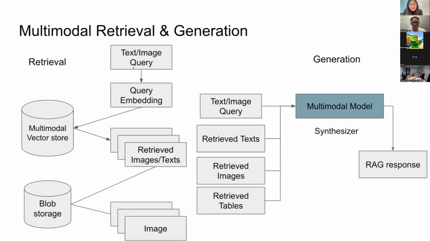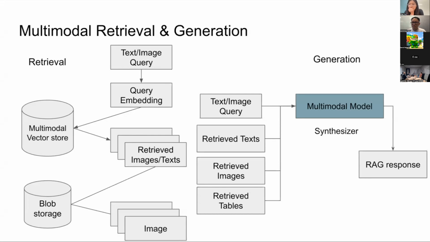Image could be like Google reverse image search: you want to input some image and find relevant images to this image, or find relevant text to this image. So the query format itself can be different. You generate a query embedding, and then you go into your storage system and do retrieval to return the relevant images and text. Again, this is based on the inherent embedding you generate that references the image and text.